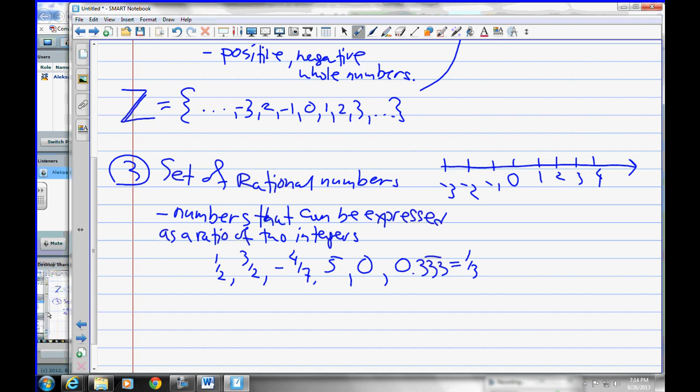If I write something like 7.123 repeated, so 1, 2, 3, 1, 2, 3, I don't know what it is, but there is a way to flip it and make it into a ratio of two integers. So if there is a pattern, then you've got yourself a rational number. And we have a special symbol for the set of rationals, which is a capital Q with a kind of a twist.